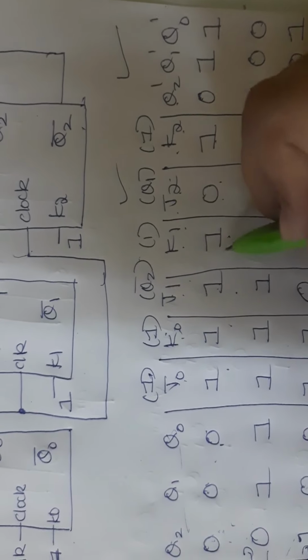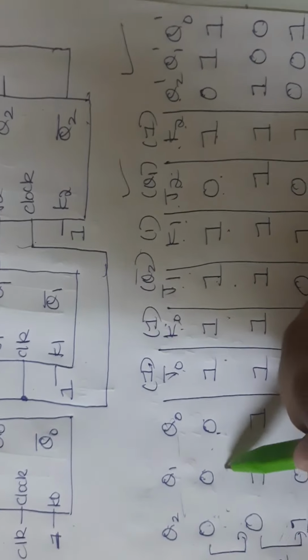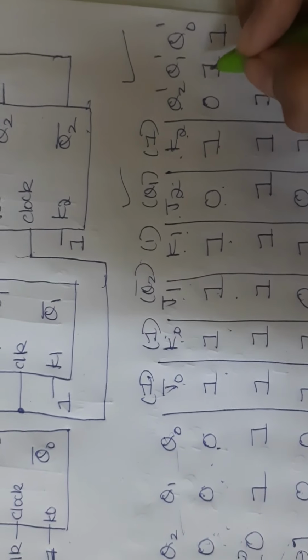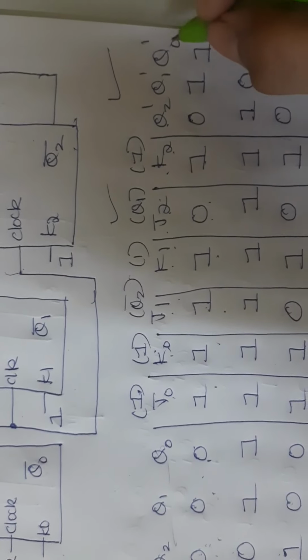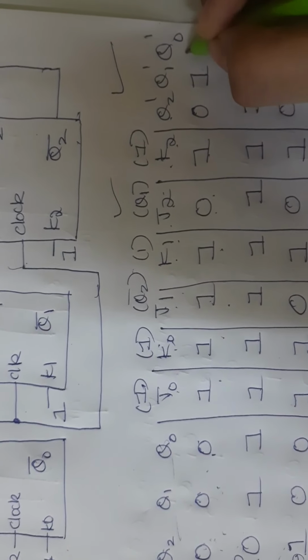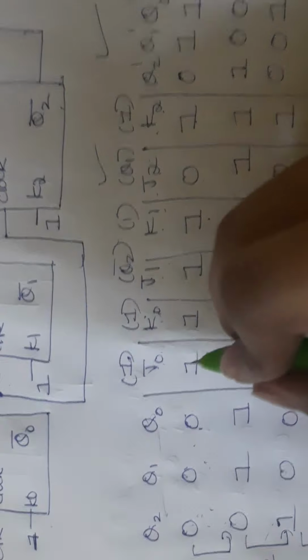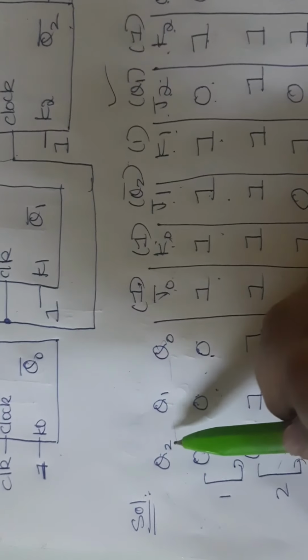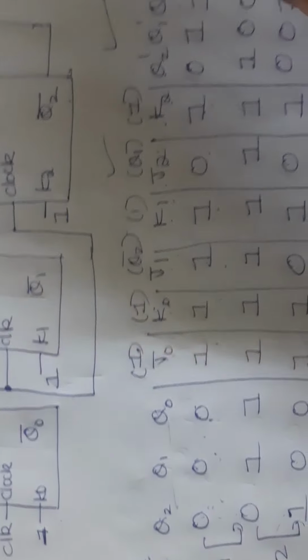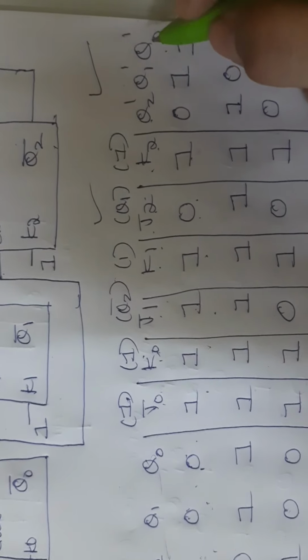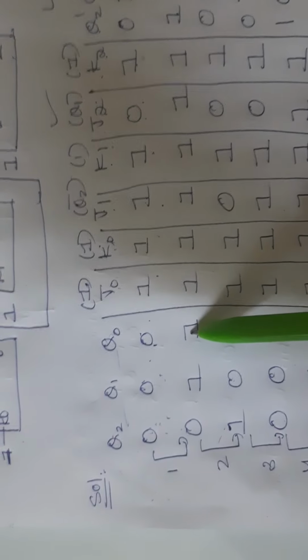So if it is 1, 1, toggle operation. So Q1 was 0 here, it will become 1 here. Same way, Q0 will depend on the values of J0 and K0, which is again 1, 1, which means toggle. So Q0 is 0, so it will become 1. So 0, 1, 1 is the next state.